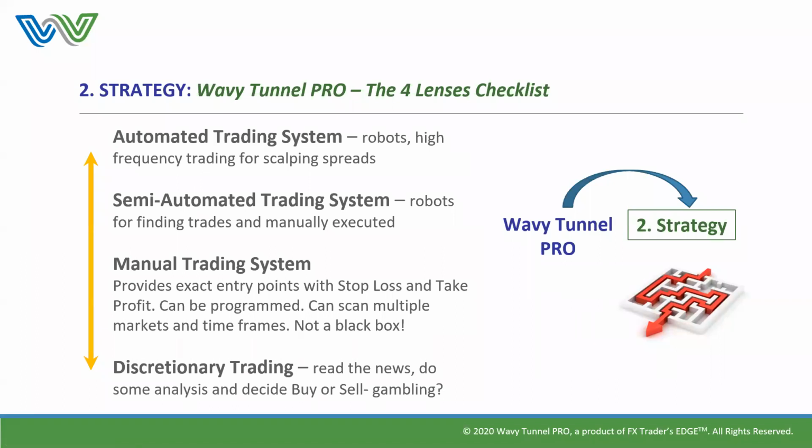By the way, the Wavy Tunnel Pro is a manual trading system. We have started to automate, so we have automated one of the trade setups. But if you are starting to automate your own strategies, whether it's a semi-automated or an automated trading system, it's really important that you understand what's behind the system.